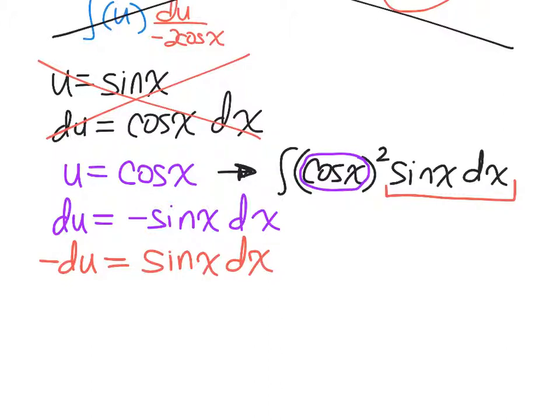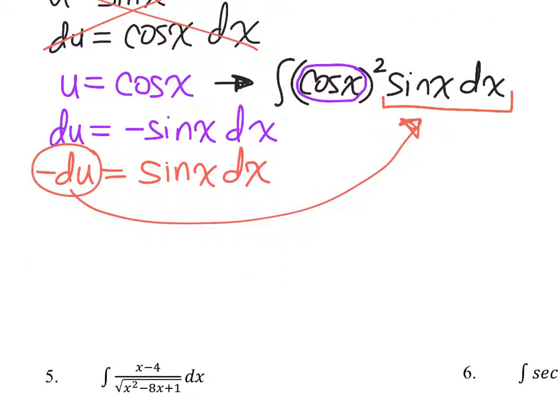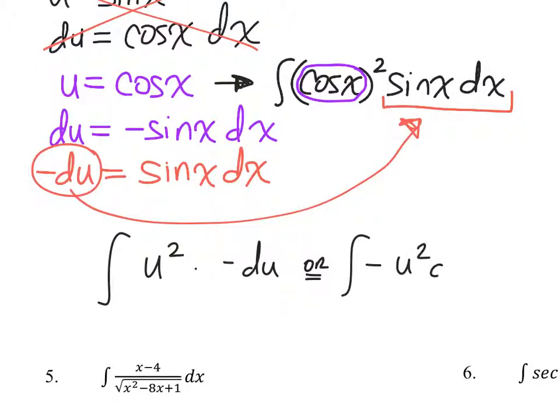All right, so at this point, we can do a clean substitution. We can replace the sine of x dx with a negative du. And so my new integral is going to be, instead of cosine squared, it's going to be u squared times, instead of sine x dx, multiplied by negative du, or, clean it up, negative u squared du.